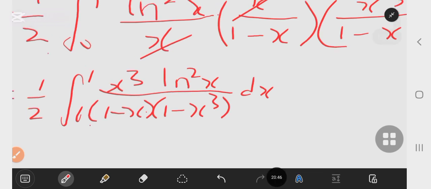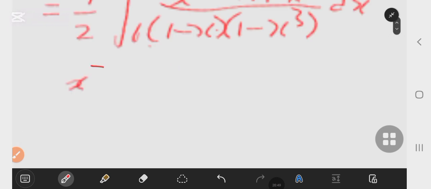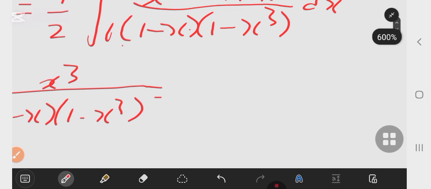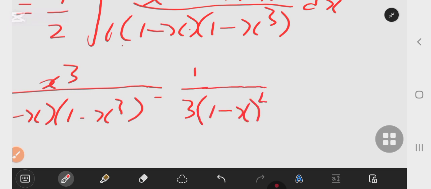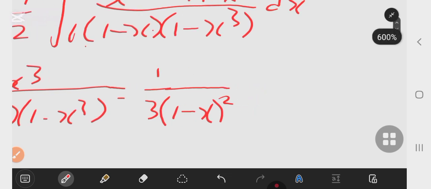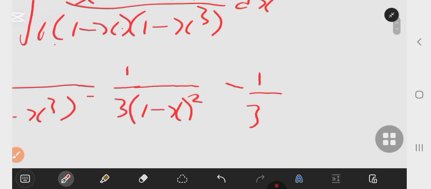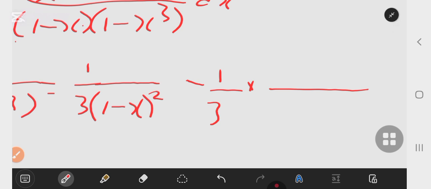Decomposing x to the power of 3 all over 1 minus x multiplying 1 minus x to the power of 3 into partial fractions, I'll have 1 over 3 times 1 minus x squared, minus 1 over 3 multiplying 1 plus 2x plus 3x squared all over 1 minus x cubed.